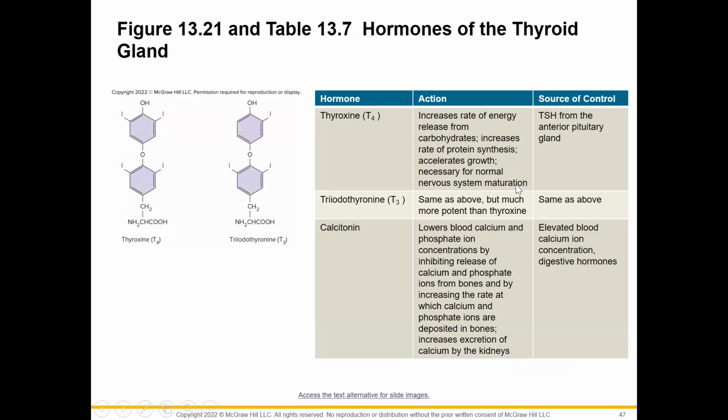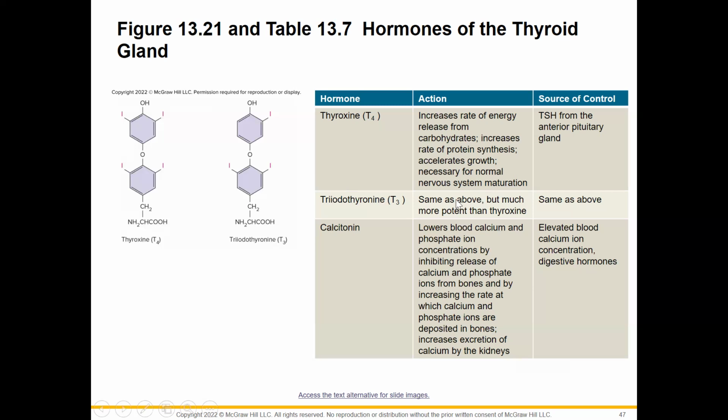So, what does that mean? Remember, the brain is part of the nervous system. So, that might mean that they have sensory deficits, that might mean that they have motor deficits, but that will also probably mean that they will have mental delay because their nervous system is not able to mature properly.